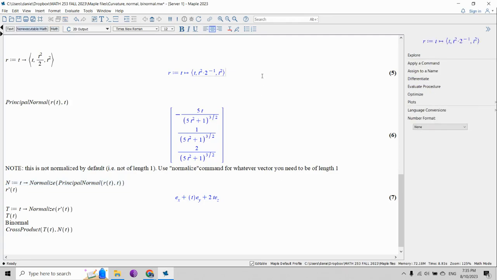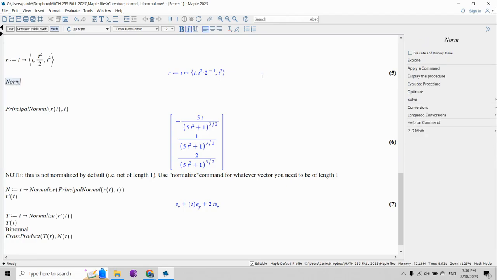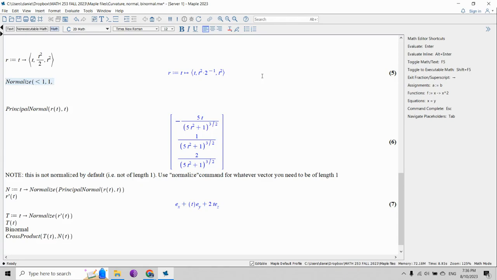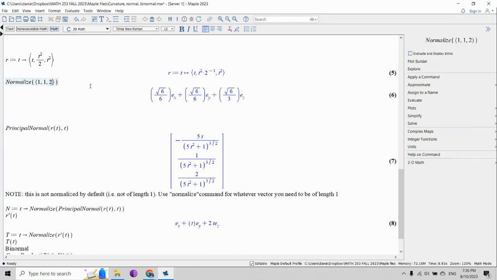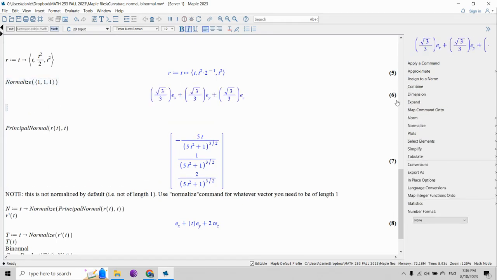So just to see how that functions, if I say normalize the vector 1, 1, 2, let me see if I can make an easier one to follow. Normalize the vector 1, 1, 1, right? The length is root 3, so it gives 1 over root 3, 1 over root 3, 1 over root 3.